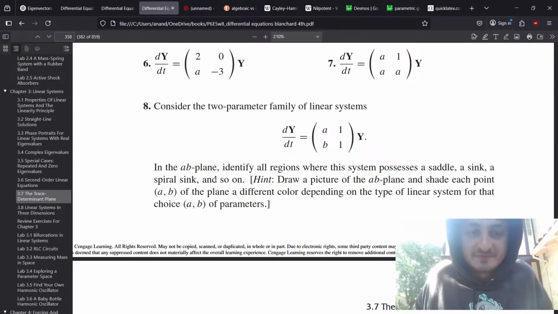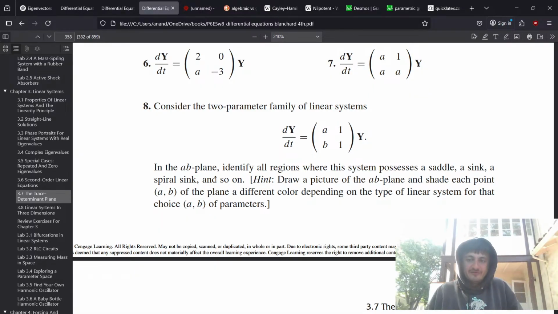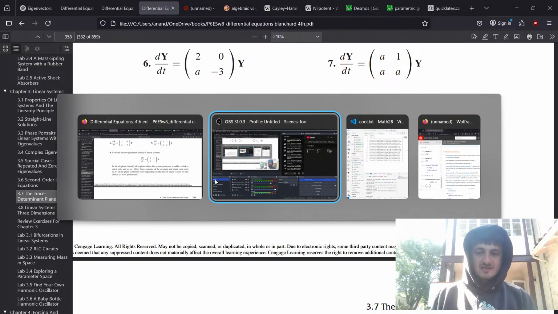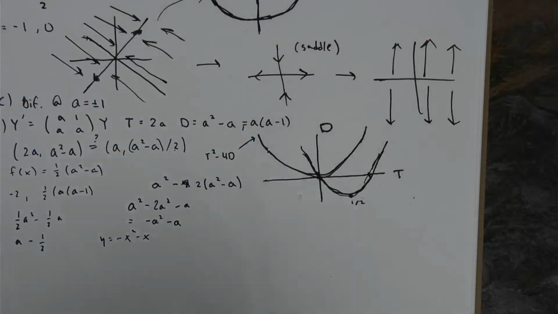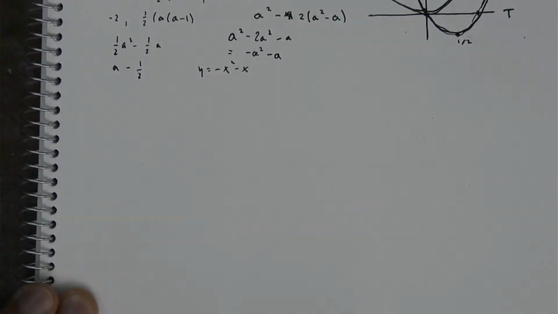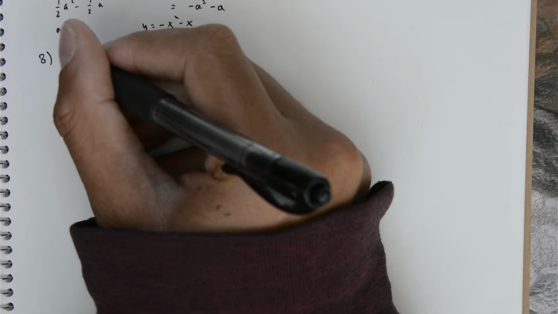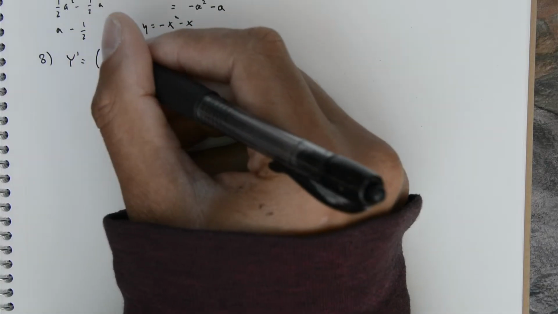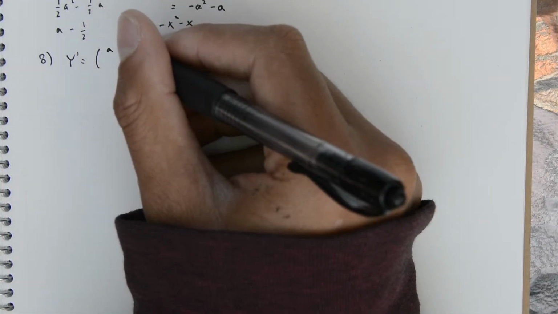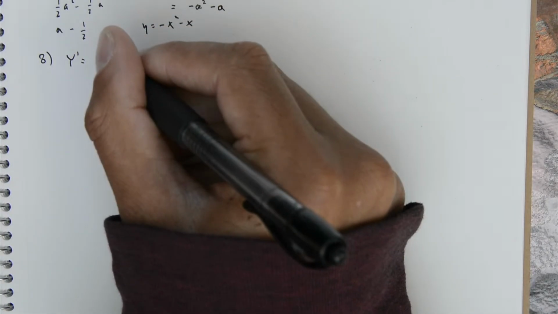This one's crazy. Consider the 2-parameter family of linear systems in the AB plane. Okay, all right, so let's hop on my pad of paper. Problem 8. Y prime is equal to A, what was the matrix? 1, B, 1.